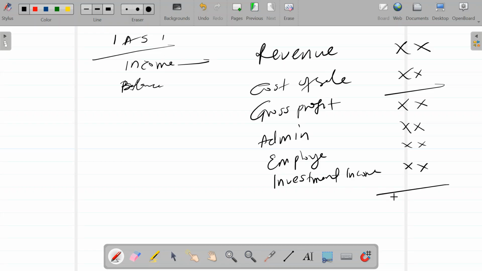Then you get profit before interest and tax. Then if there's any interest, you bring it here. Then we have profit before tax.